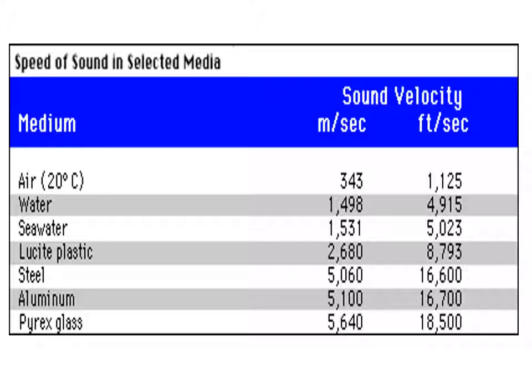So here on this table, we see the speed of sound through different types of matter. The mediums being air, water, seawater, plastic, steel, aluminum, and the special kind of glass called Pyrex glass, which is very dense. So to try and understand the distances, think about the track that's outside. It's a 400-meter track.